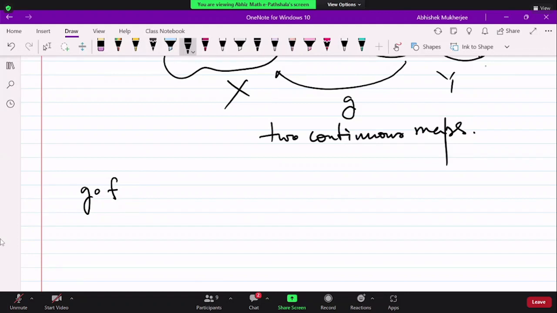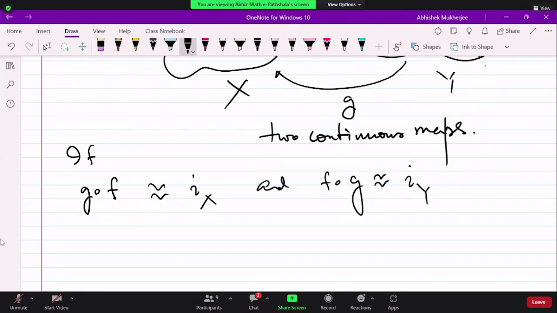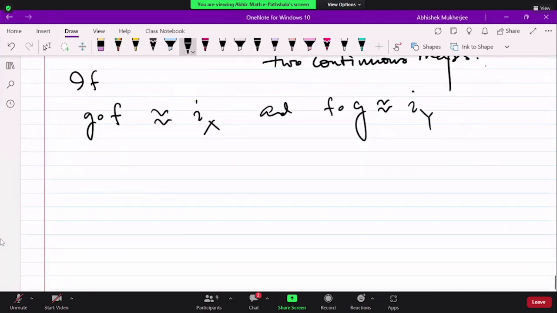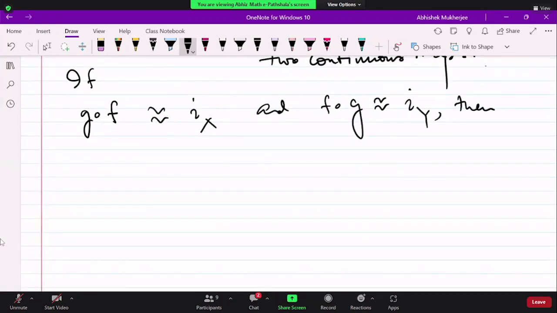So if G compose F is homotopic to the identity map on X, and F compose G is homotopic to the identity map on Y, then we call these maps homotopy equivalences.